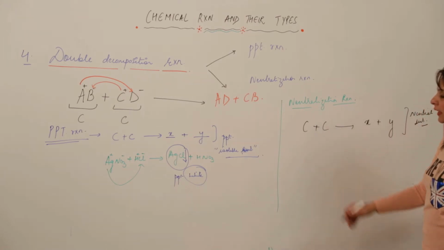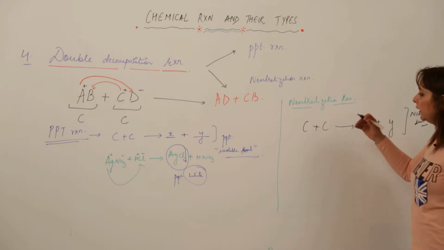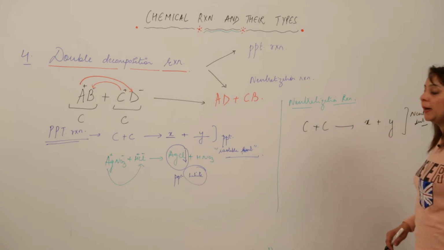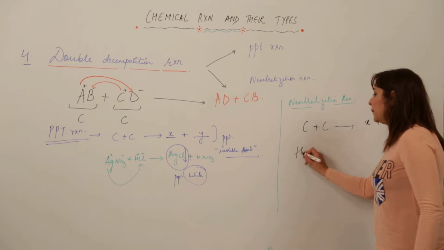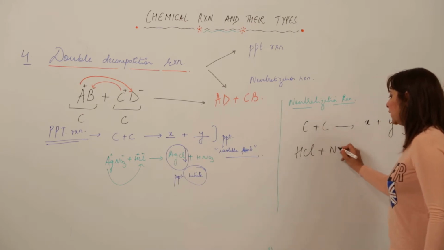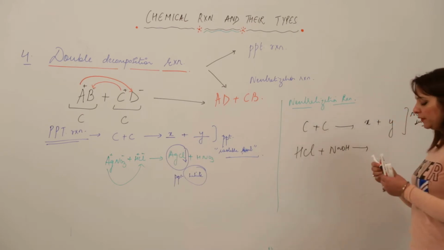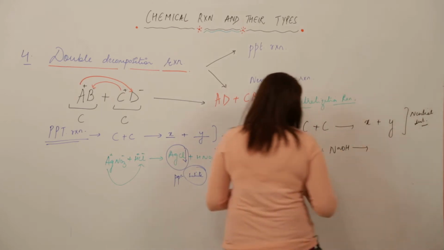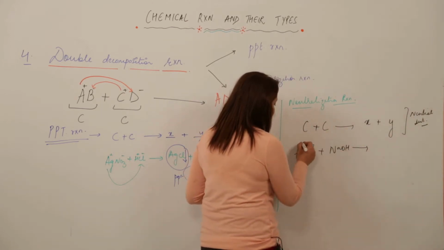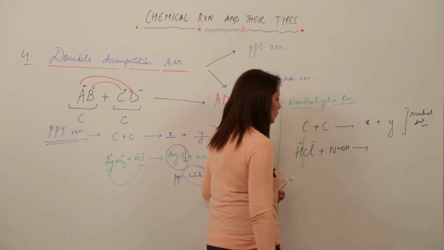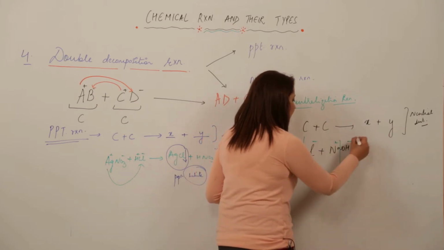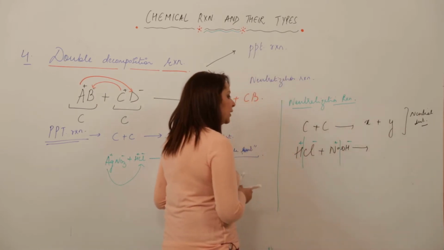To make you understand this reaction in a better way, I am taking an example. Look, I am taking an acid and a base. How will they react? These compounds will decompose, and I am writing the valency, so it will get decomposed like this. Similarly, the other will get decomposed like this. Now what is going to happen?